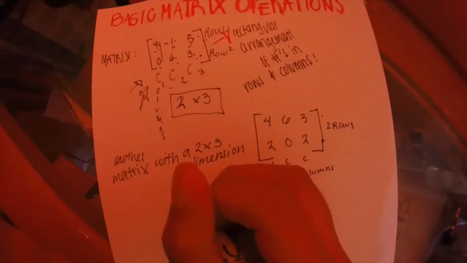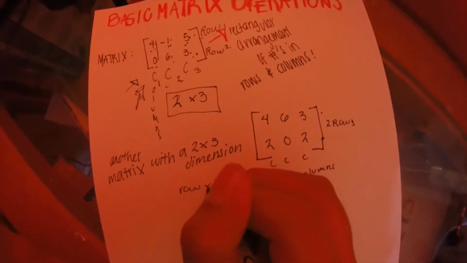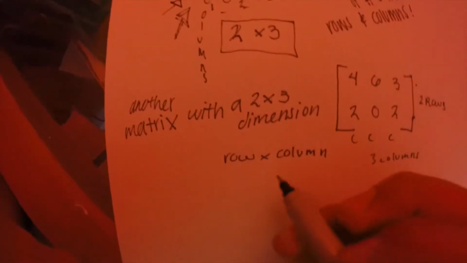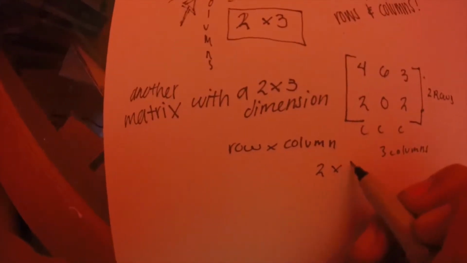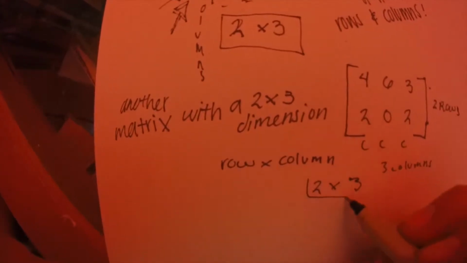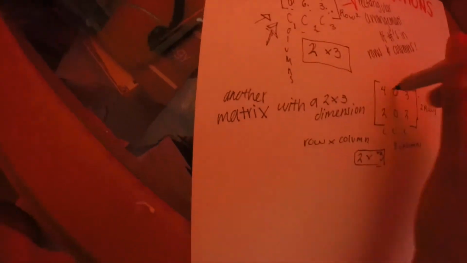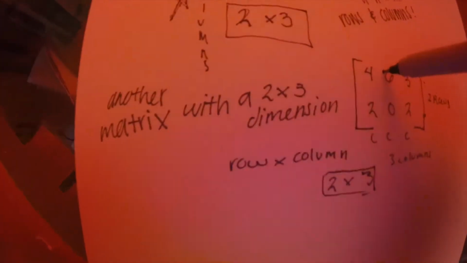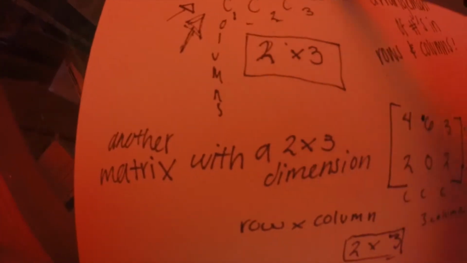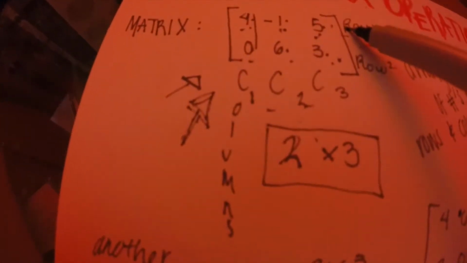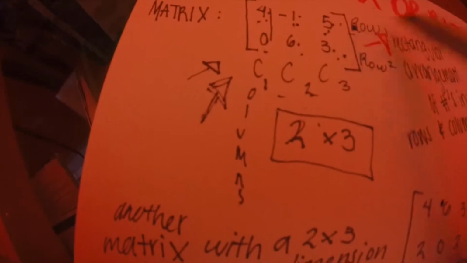It is always going to be row per column. 2 by 3. Therefore, this matrix and this matrix are dimensionally equal. Alright.